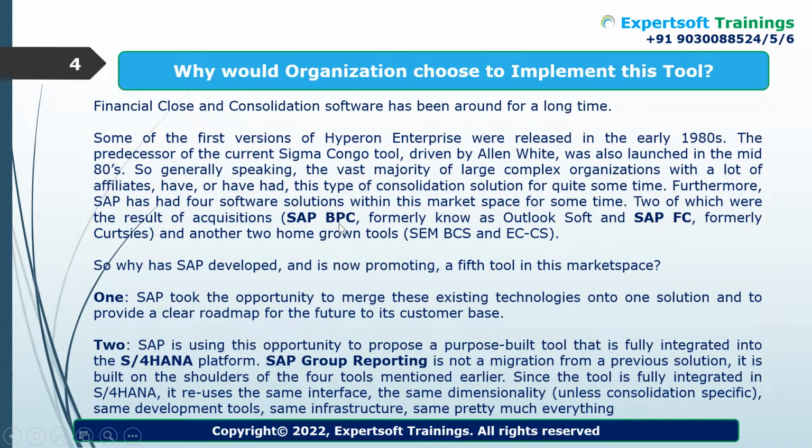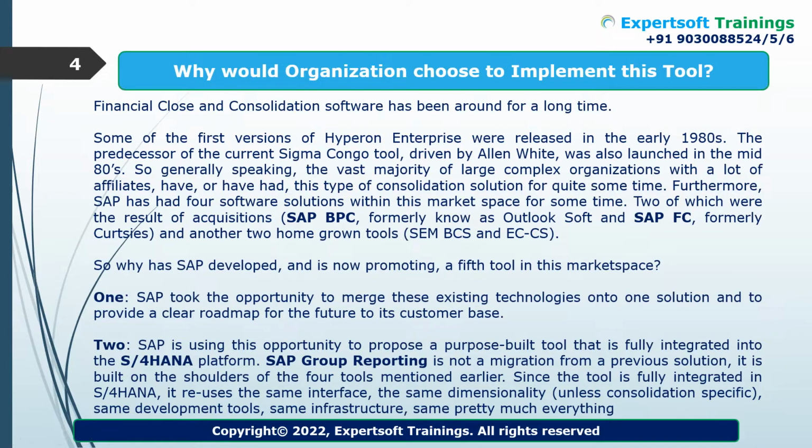They identified some features and incorporated them when group reporting was developed. So why has SAP developed it, and why are they promoting it now? This is the fifth tool, as I mentioned. These are the four tools of consolidation: ECCS, BCS, BPC, and SAP FC.